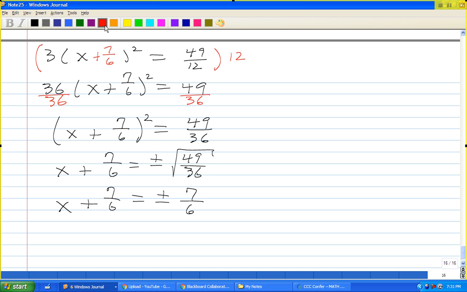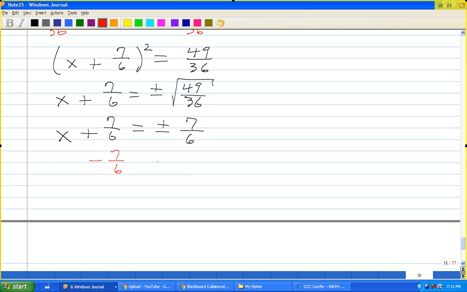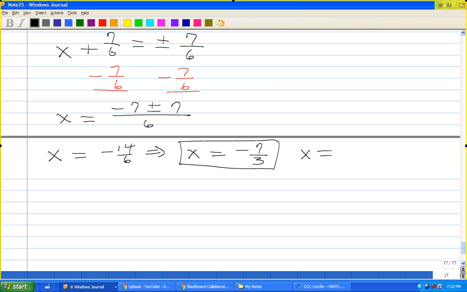Subtract 7 over 6 from both sides of your equation. And so I have that x is equal to negative 7 plus or minus 7 over 6. And so I get x is equal to negative 7 minus 7, negative 14 over 6, which is negative 7 over 3, or x is equal to negative 7 plus 7, 0 over 6, which is 0.